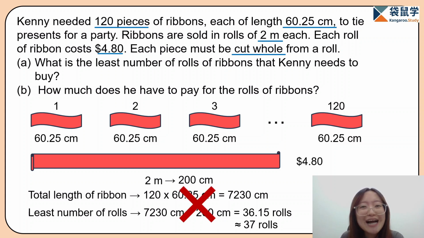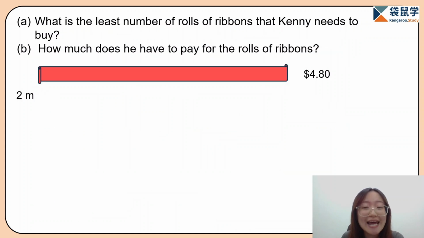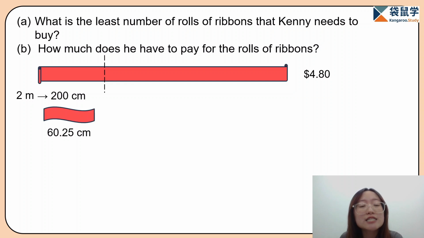Now, we can calculate by rolls instead. So once again, we have a roll of 2 meters, which is also 200 centimeters. Since we want pieces of 60.25 centimeters, we can first cut one piece from this roll of ribbon. Then we will find that we can still cut another piece. Now, how many pieces can we cut?